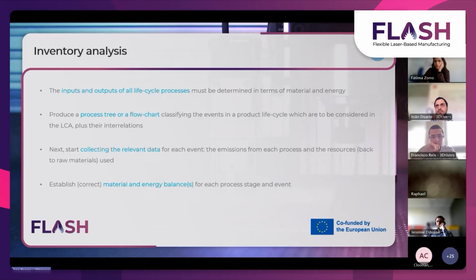So the inventory includes all the inputs and outputs of a life cycle process, and they must be determined in terms of material and energy. So it's everything that comes from nature, from raw materials, mining activities, water, and so on, the technological sphere, chemical reagents, compressed air, lubricants, and also the energy.